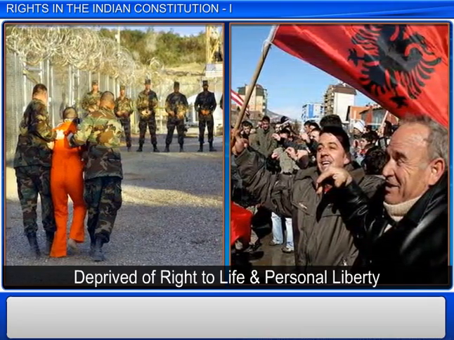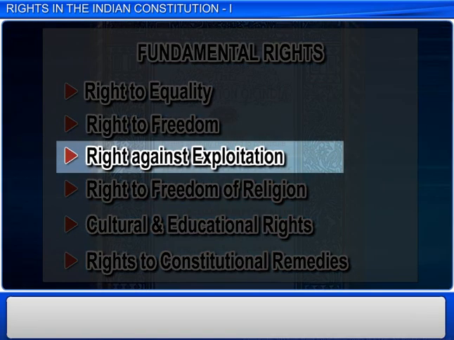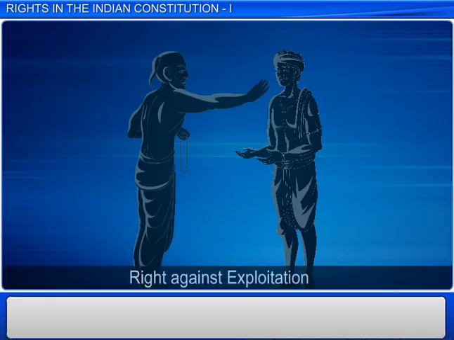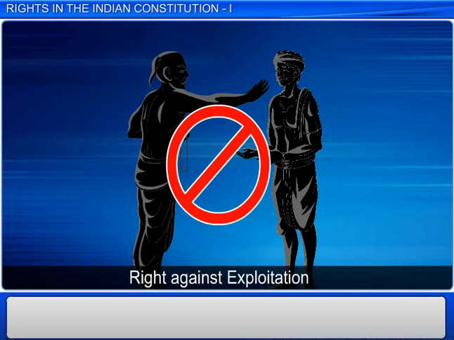Now, coming back to the fundamental rights in the Indian Constitution, the third fundamental right is the right against exploitation. This right lays down clear provisions to prevent exploitation of the weaker sections of society.